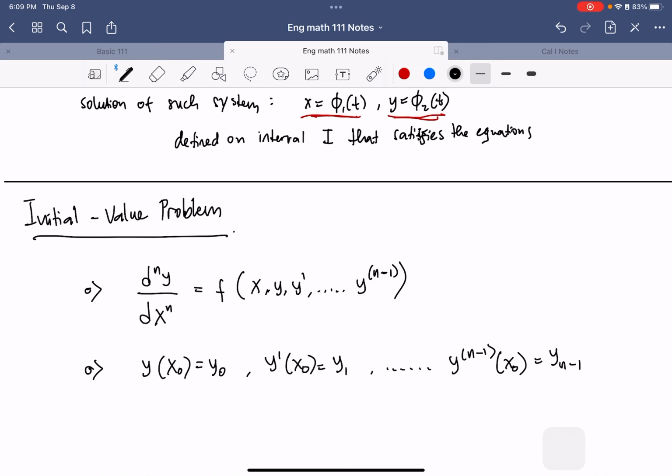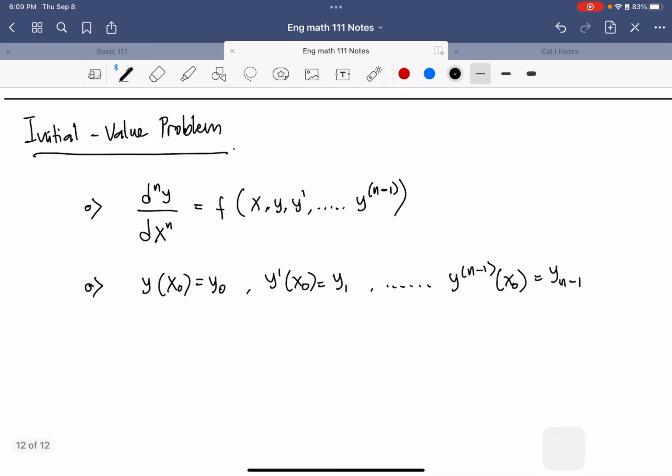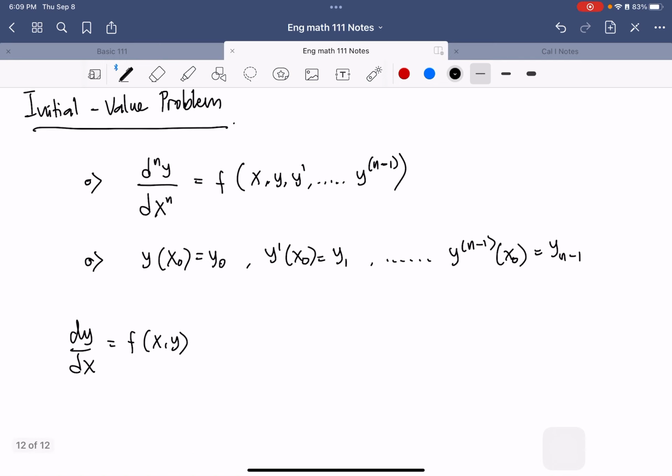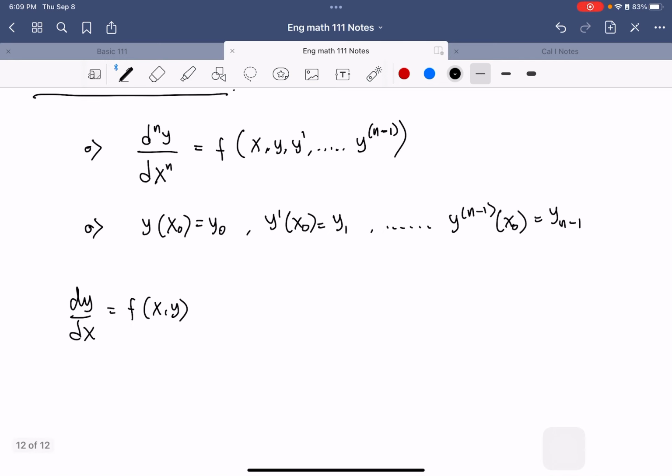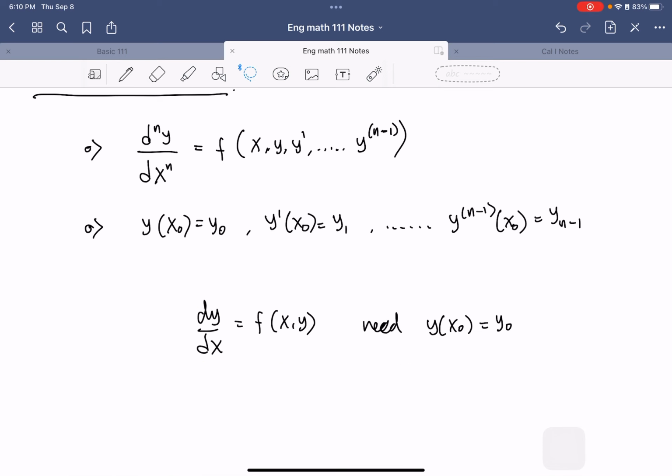Which means if you have dy over dx equal to some f of x, y, to solve this we need just one initial condition, y of x0 equals y0.